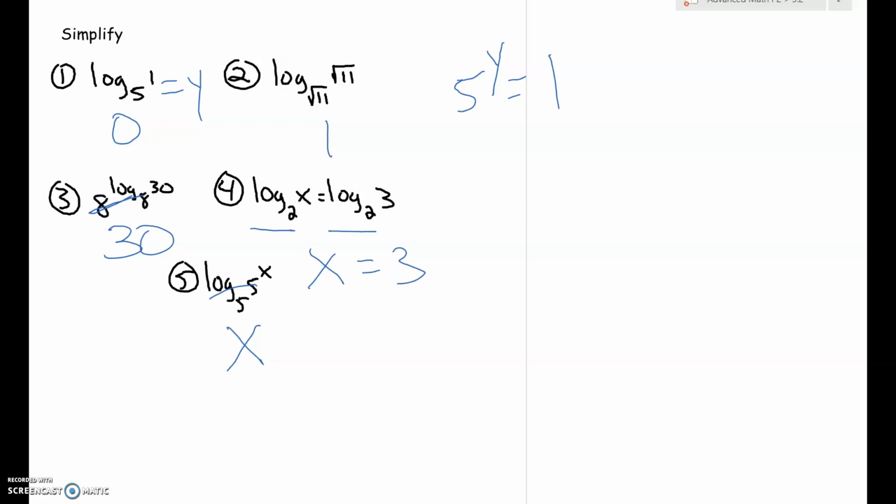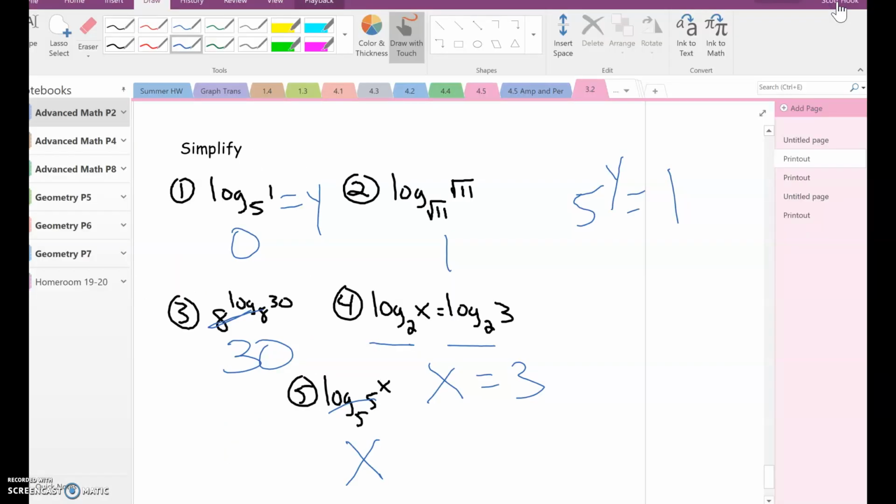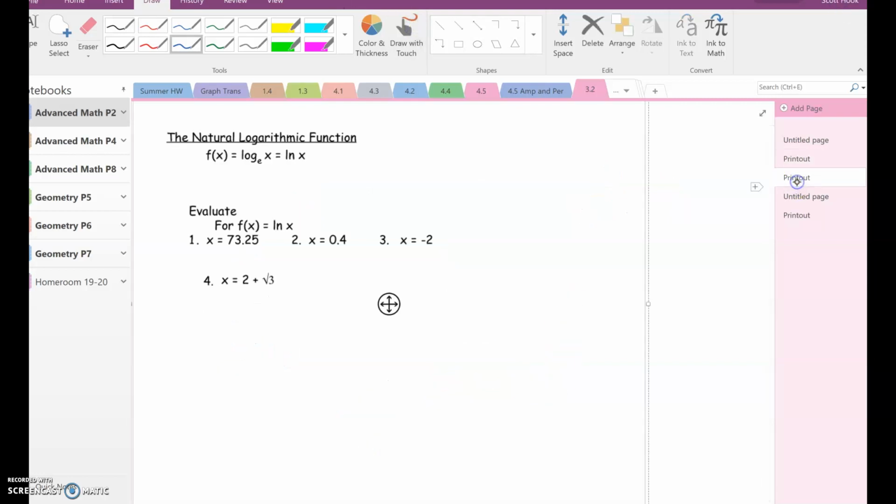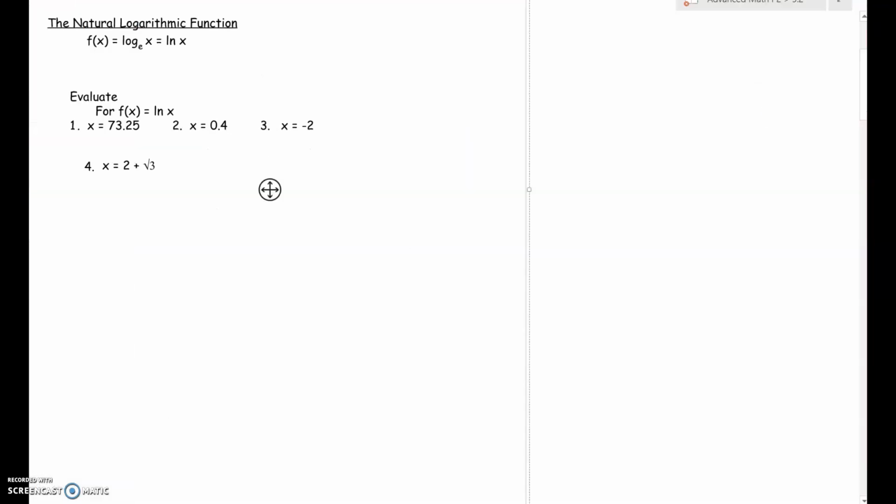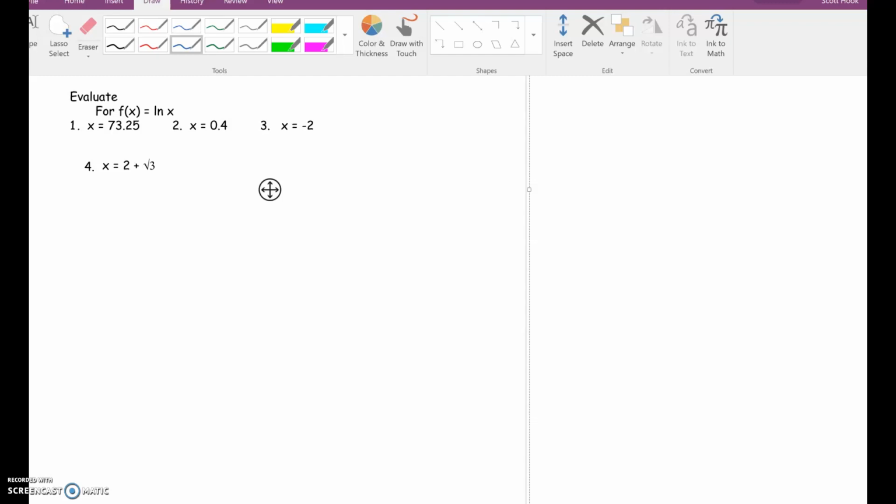Okay? All right. What I want to jump to now, and this is where you may need a calculator as well, is dealing with the natural log. So the natural log is a pretty important one. Remember before we left, we were talking about e, right?